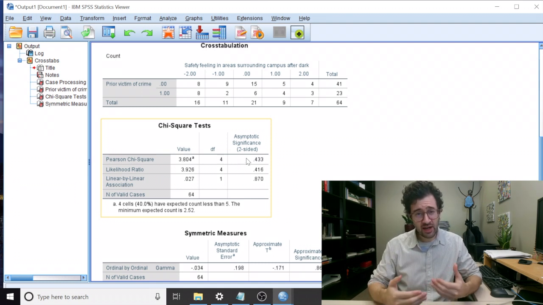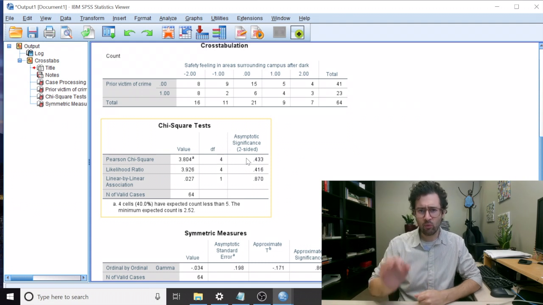Now, when conducting a chi-square test of independence, we make one very important assumption. This assumption is that our sample size is large enough. Our sample size is considered large enough when the expected frequencies in each of the cells of our cross tabulation are greater than 5. To check this assumption, we look at the text down at the bottom underneath this chi-square tests table.